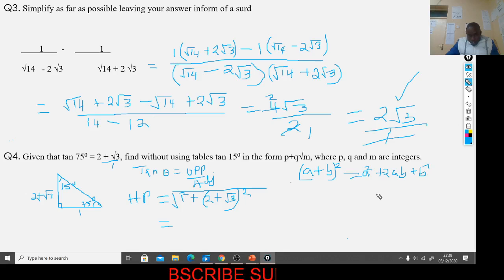If I use the same principle, this becomes the square root of 1 plus this squared, which is 4, plus 2ab, 2 times 2 times root 3, that is 4 root 3, plus b squared, and this b squared is 3.